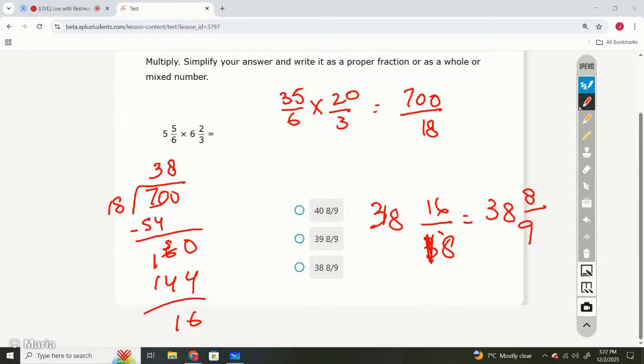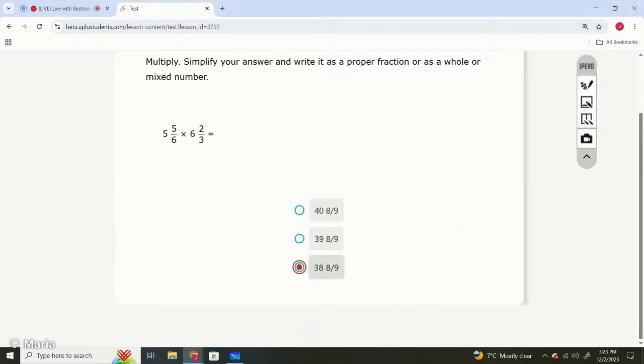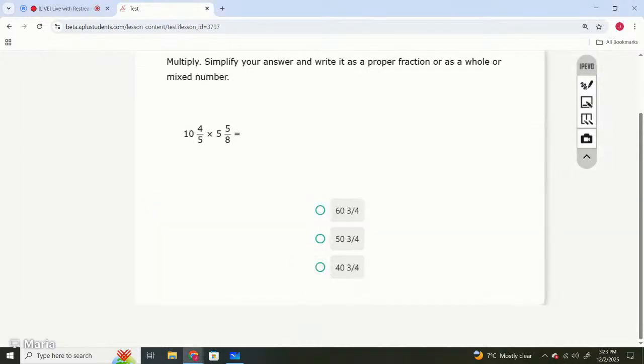The correct option is 38 whole 8 over 9. Option number 2 is the correct option.